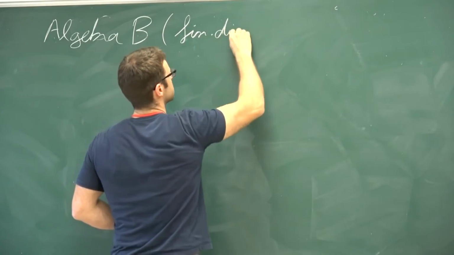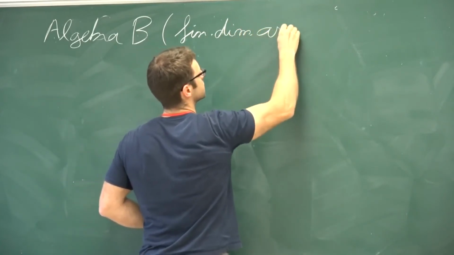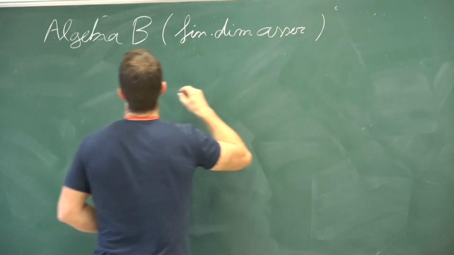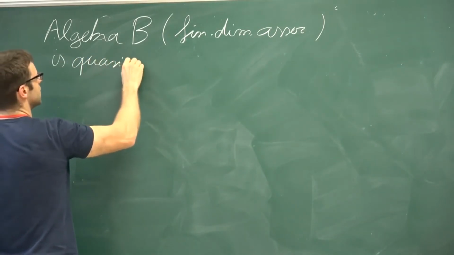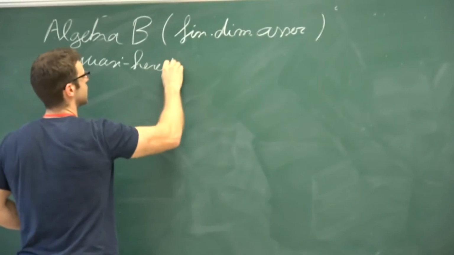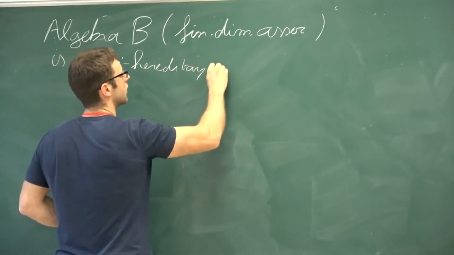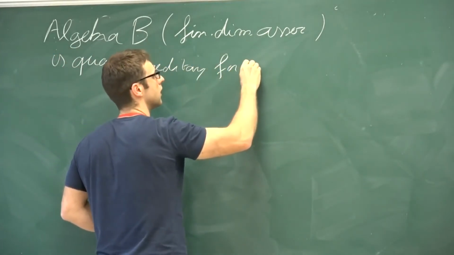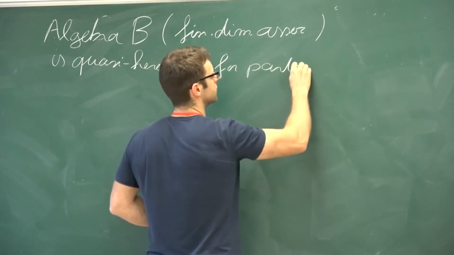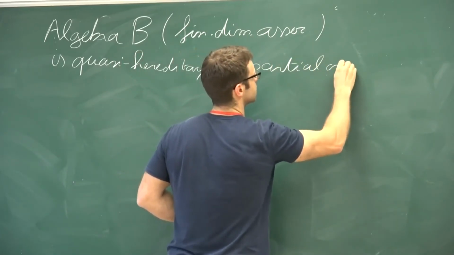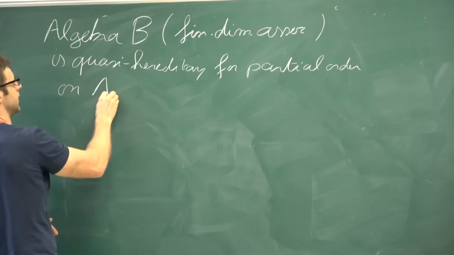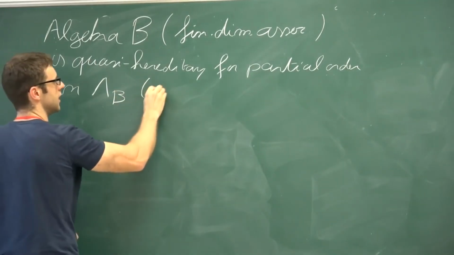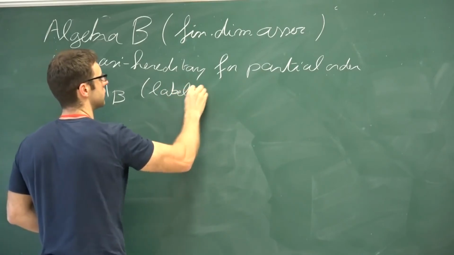So some finite dimensional associative algebra is quasi-hereditary for some partial order on, let's say, lambda, where this is a labeling set of its simple modules.